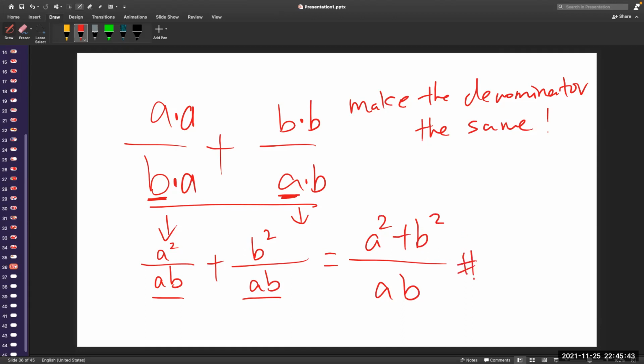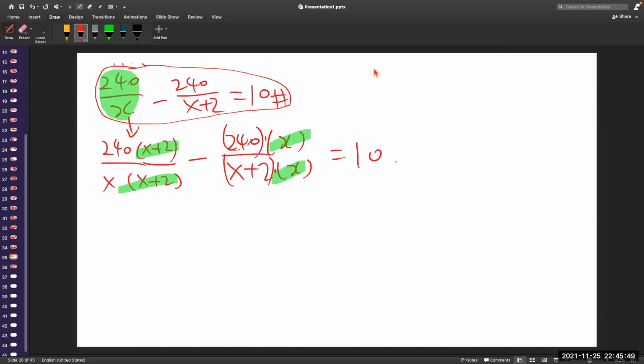So similarly, if we make use of the concept of making the denominator the same, for this, can you see that this 240 divided by x compared to the 240 divided by x plus 2, the first one should include the x plus 2 top and bottom, and for the second term, you should include the x top and bottom.